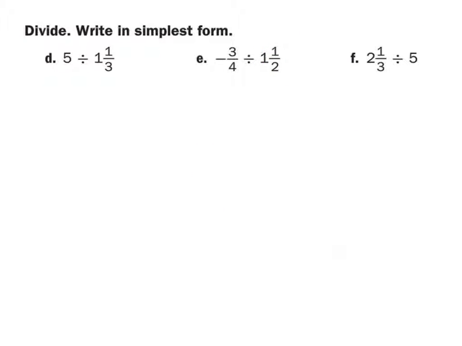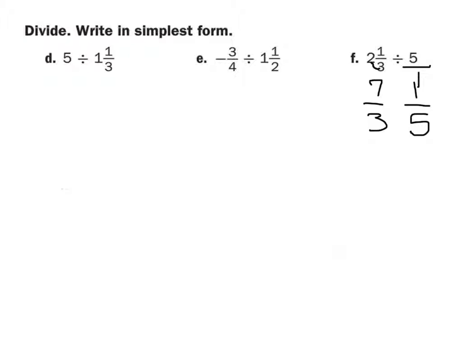All right, Savannah's going to do F. So you have 2 and 1/3, and if you times these two, that would be 6, and then plus 1 is 7, so 7 over 3. Then you have 5 over here, and so you need to put a 1 under it. And so you'd flip it, and then you have the 1 on top, and then the 5 on the bottom.